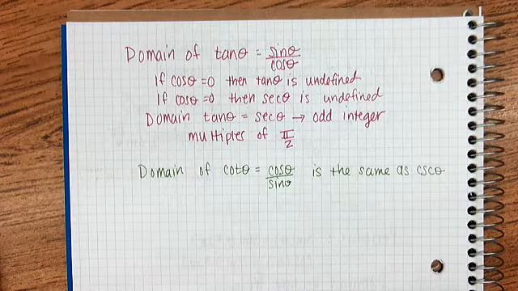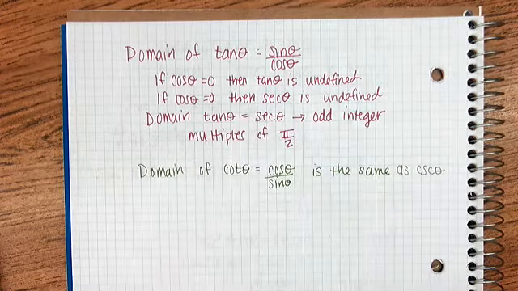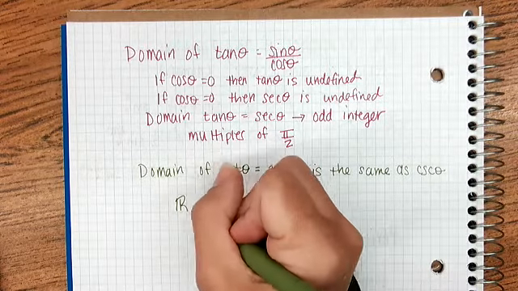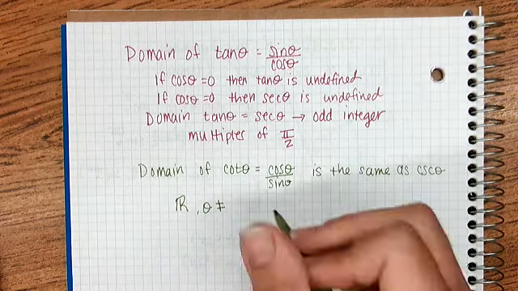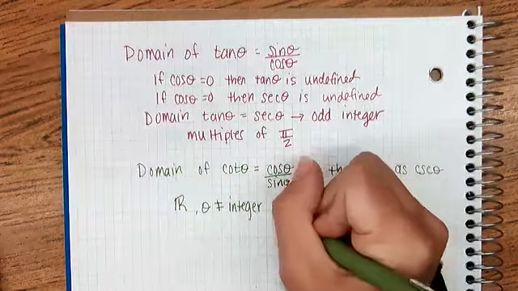So for cotangent, it is all real numbers. Oh, you know what? I'll go back. I forgot the all real numbers part. It is all real numbers, theta not equal to integer multiples of pi.